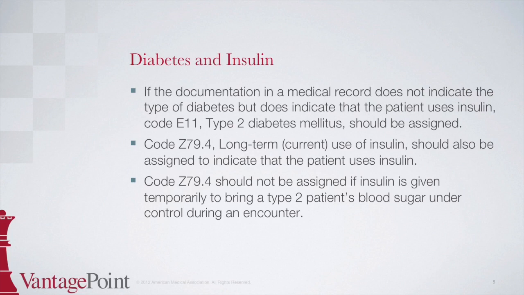If documentation indicates that the type 2 patient uses insulin, Z79.4 for long-term use of insulin should be coded in addition to your diabetes code. However, you would not code Z79.4 if insulin is temporarily given to a type 2 patient who doesn't normally take insulin. This code is for long-term use of insulin.